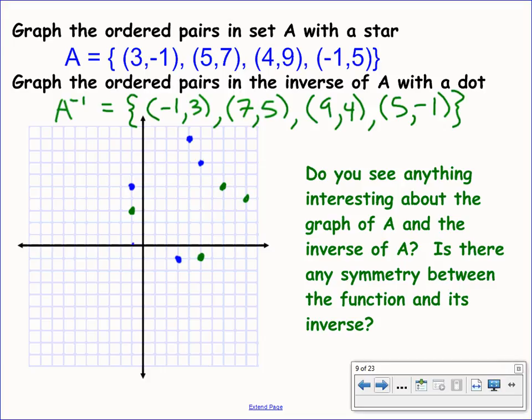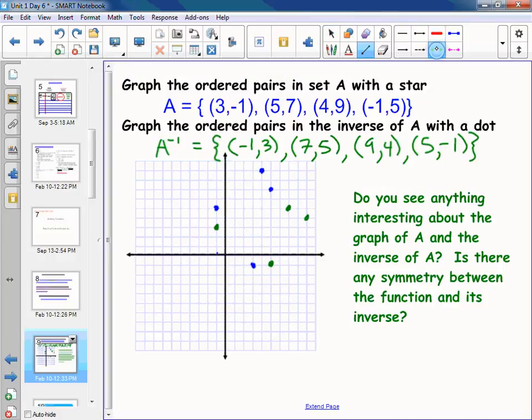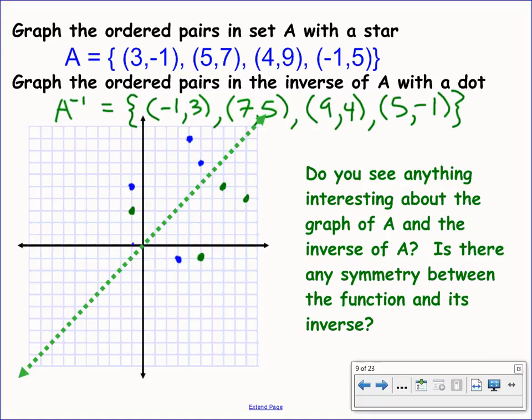Y equals x, that diagonal line, y equals x, that cuts through the origin at a 45-degree angle. Let's everybody go ahead and add a little dashed line through the origin. I'm going to use my line tool. So it turns out that our original relation and its inverse are mirror images of one another when reflected about the line y equals x.